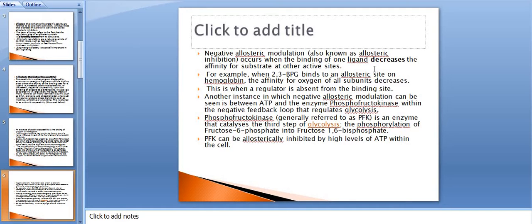Here phosphofructokinase is an enzyme that catalyzes the third step of glycolysis, the phosphorylation of fructose 6-phosphate into fructose 1,6-bisphosphate.